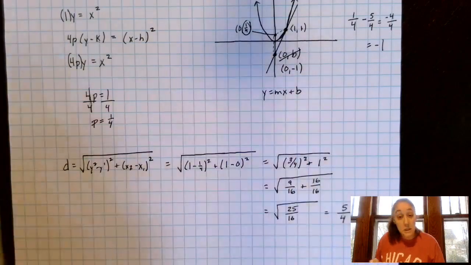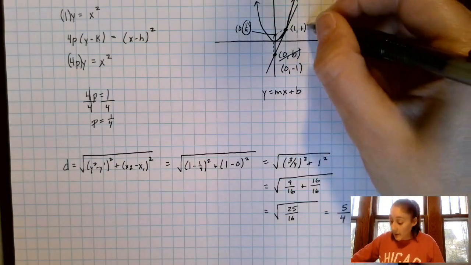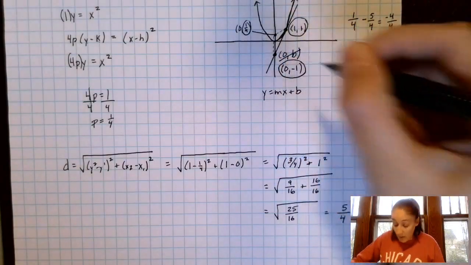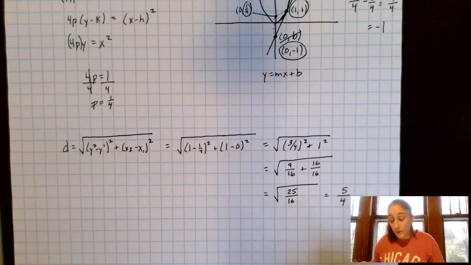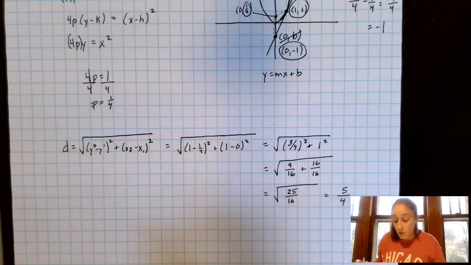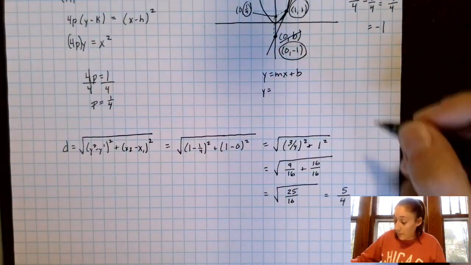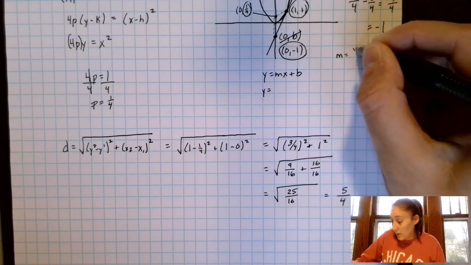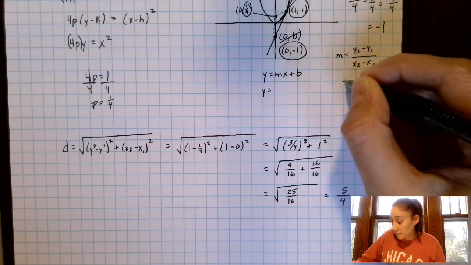I actually was kind of close. Look at that. So we have this point, which was given to us, and we found this point. What we want to do now is find the slope. So now we're working towards making that equation. So we have y equals, and my slope is going to be y2 minus y1 over x2 minus x1.